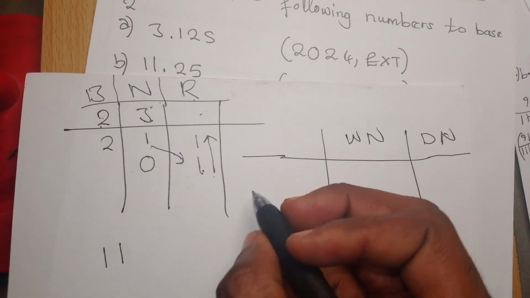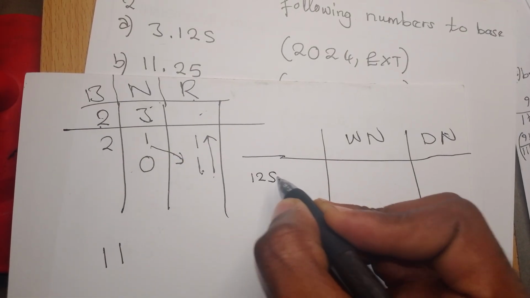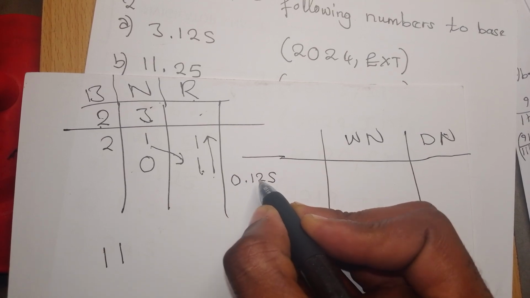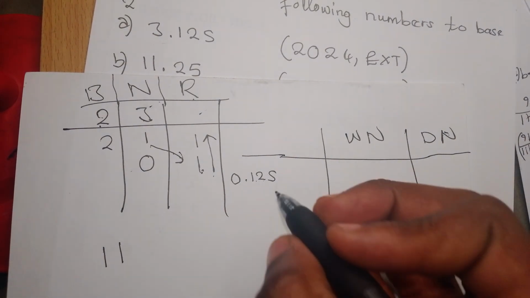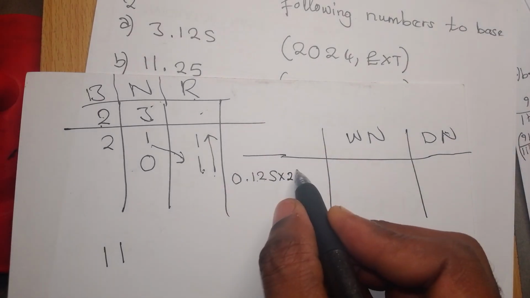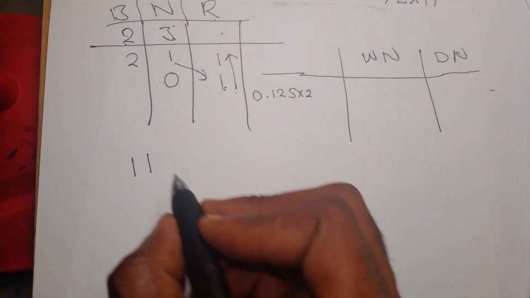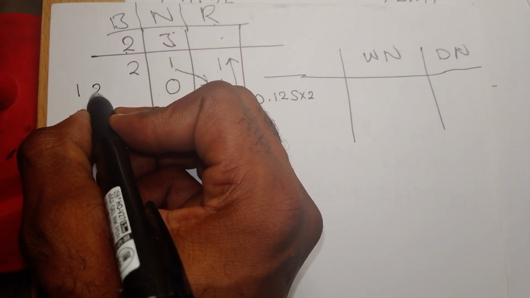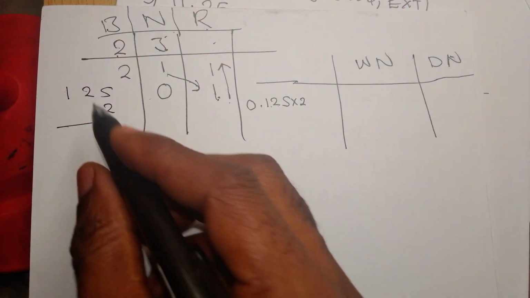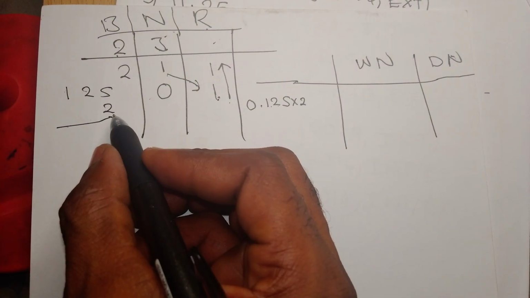So the decimal part here is 125, but we want to write it as 0.125 like this, and then multiply it by 2. So let me just do it from here. Just say 125 multiplied by 2. For now you can ignore the decimal point.